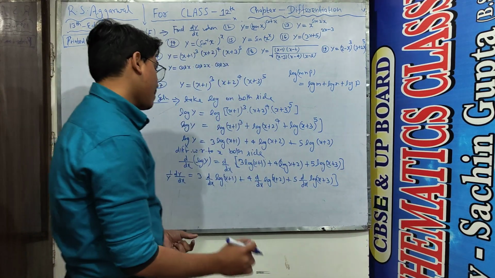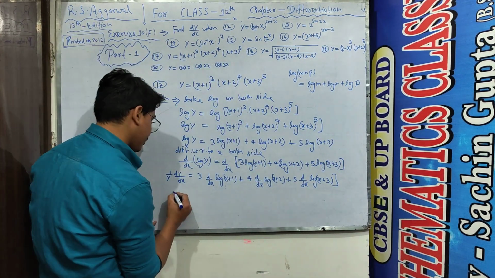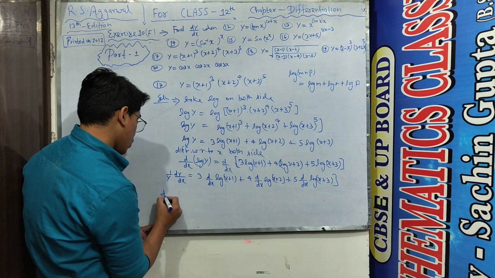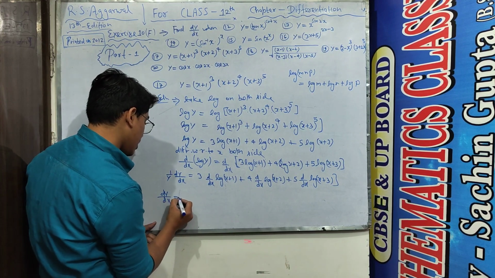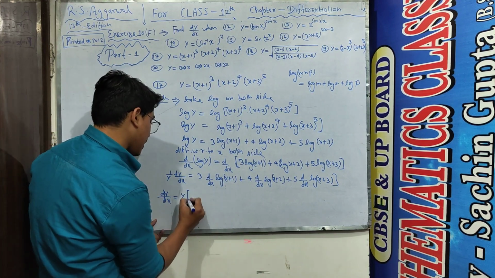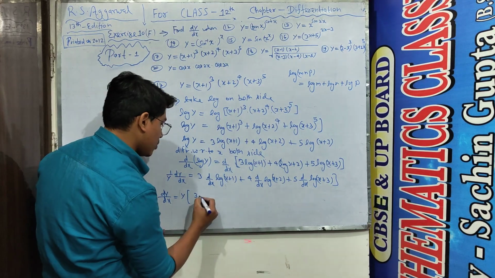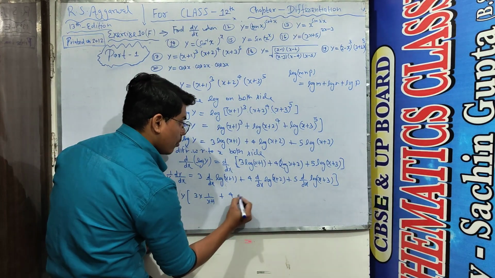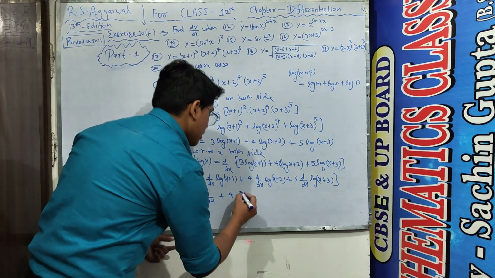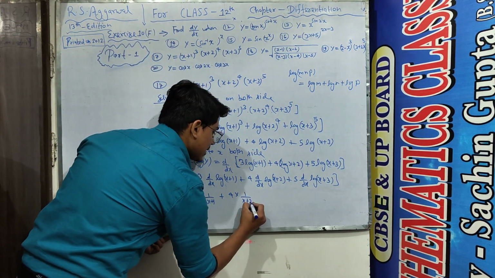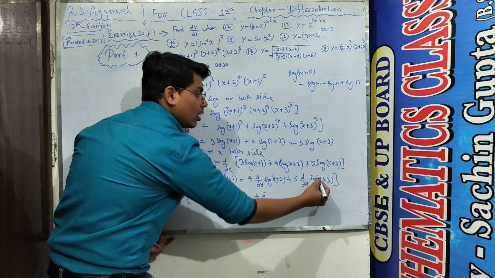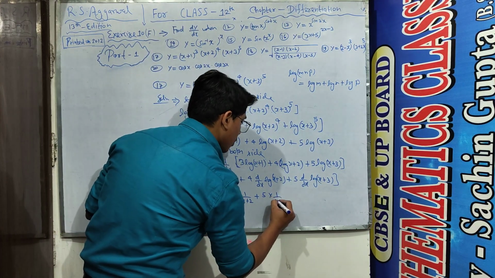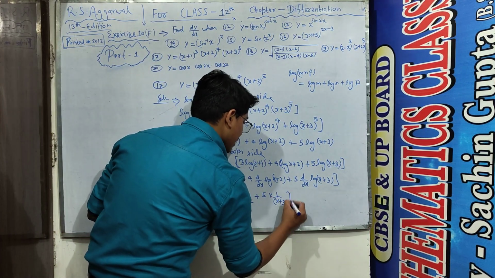Now, student, this y goes to the other side, then it comes as a multiplication, and this becomes 3 times 1 upon x plus 1, plus 4 times the differential of log (x plus 2), which is 1 upon x plus 2, and the differential of log (x plus 3) is, student, 1 upon x plus 3.